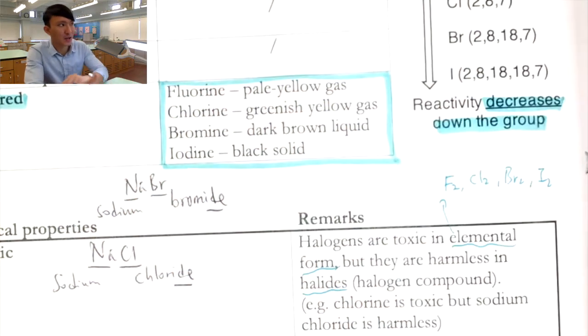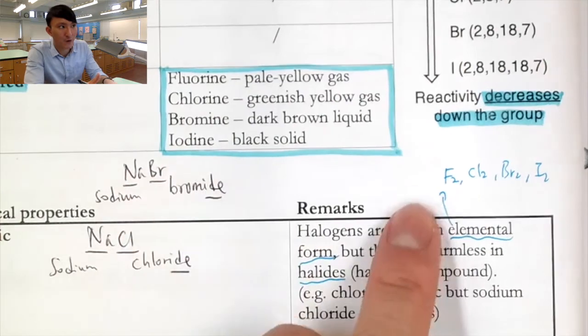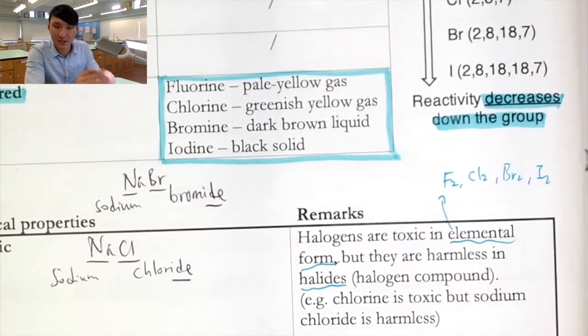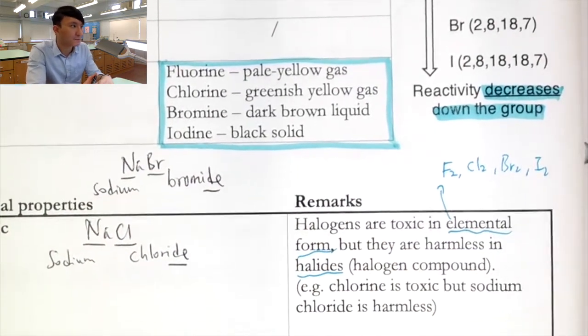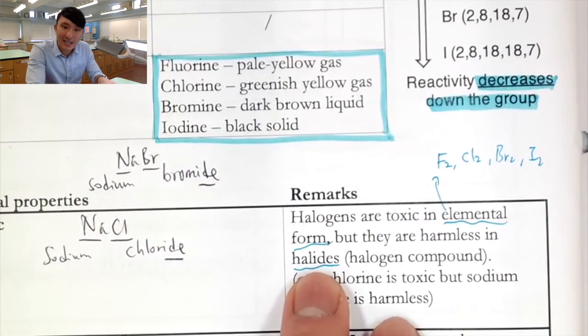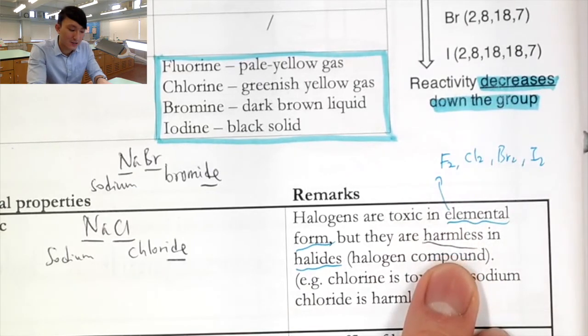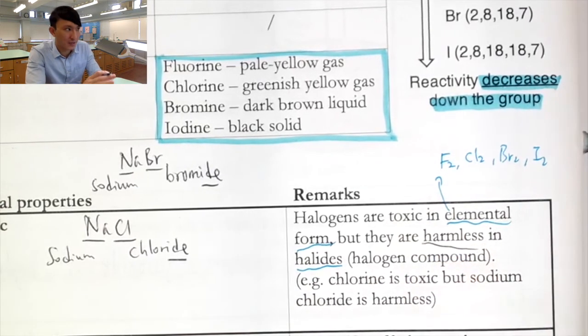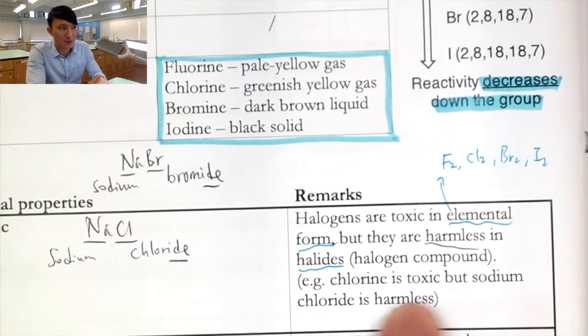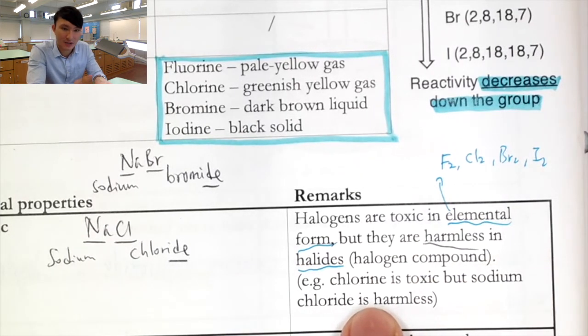Okay, sodium bromide, sodium fluoride, sodium iodide, something like that. So anyway, halides are halogen compounds, and interestingly, they are harmless. As a compound, they are completely harmless. You see, sodium chloride is the table salt. Every day we are eating sodium chloride, but it is entirely harmless. Okay?